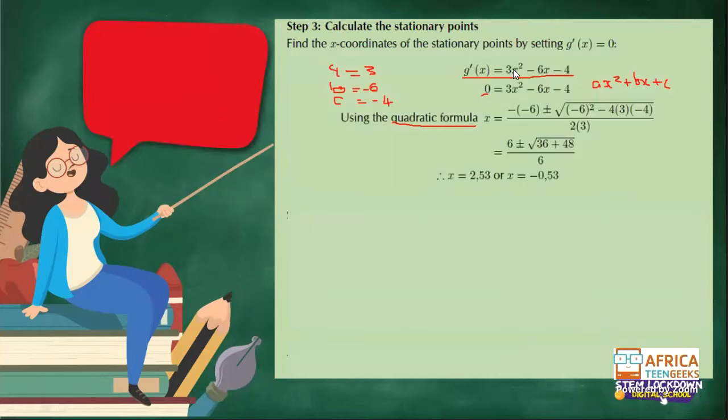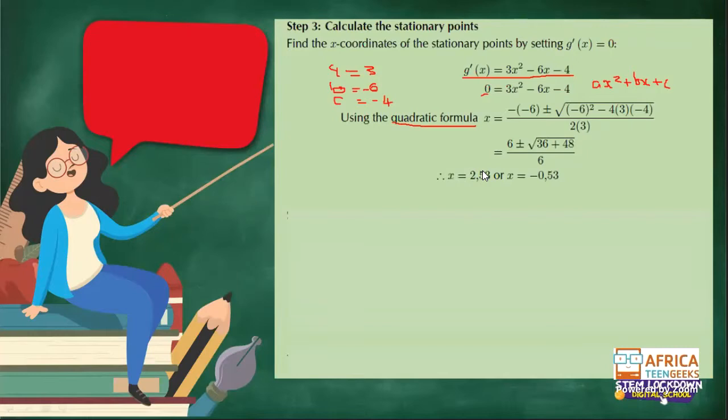So after finding our derivative, just make sure that you understand how we got the derivative. If you still need help with that, then you can ask me. Okay. So remember, always label your A, B, and C correctly. If you don't label your A, B, and C correctly, your factors will not be correct.